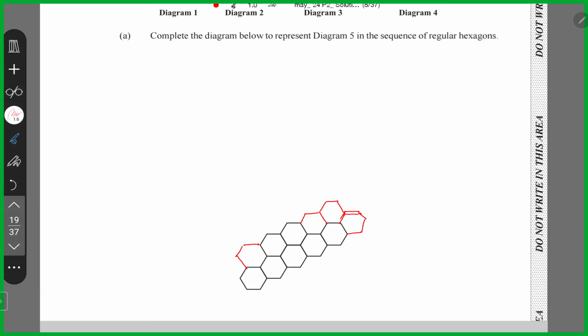I think something like this would be our diagram 4. But being a perfectionist like myself, I hate when something doesn't look very good.